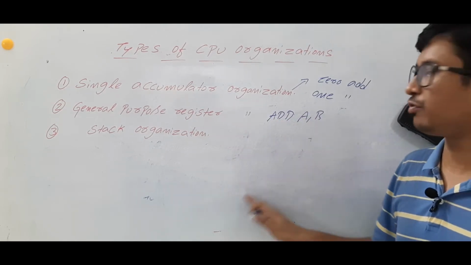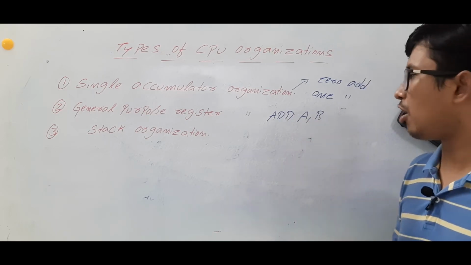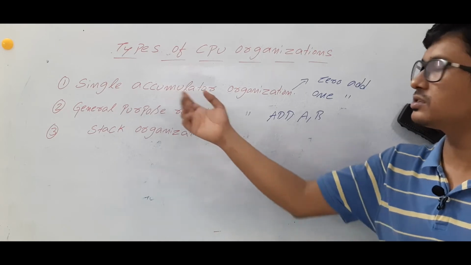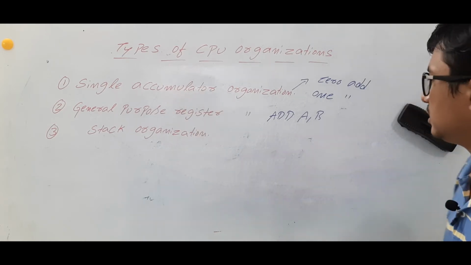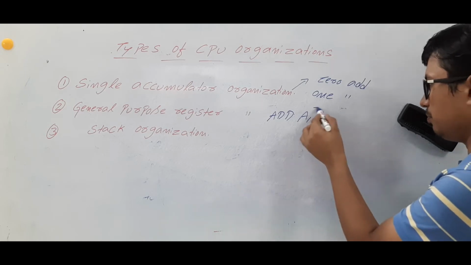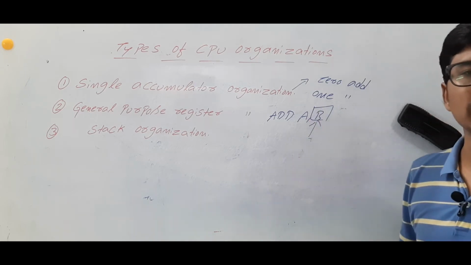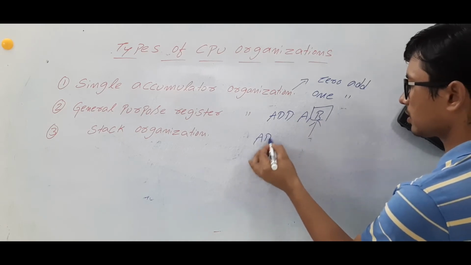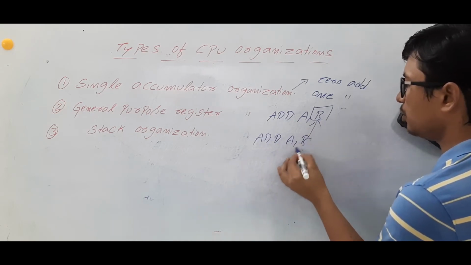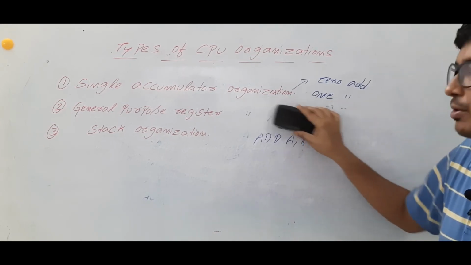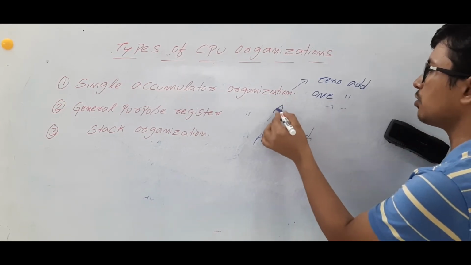You want to perform the summation between the operands A and B. Now how will you perform it using the single accumulator organization? Add A comma B is nothing but A is equal to A plus B.